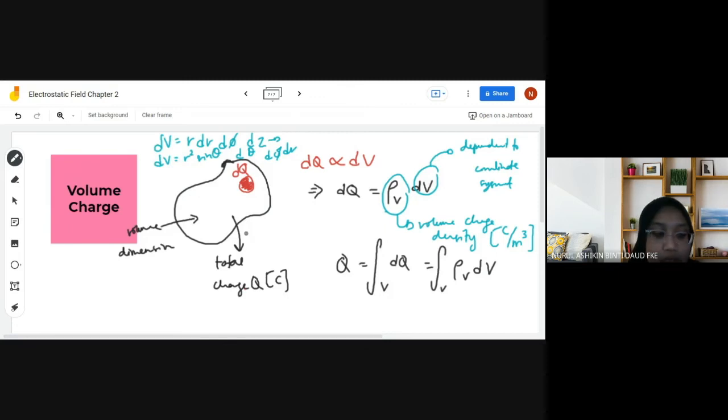If it is a box, we can use dv equals dx dy dz. If it is cylindrical, we use dv equals r dr d phi dz. If the structure is spherical, we use dv equals r squared sine theta dr d theta d phi.